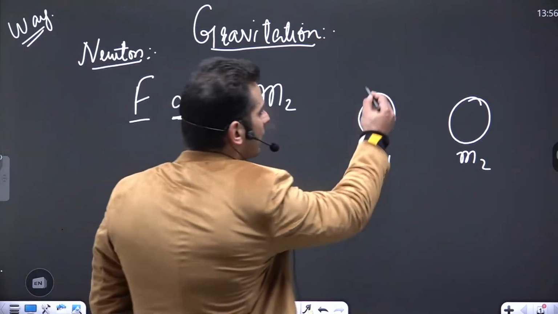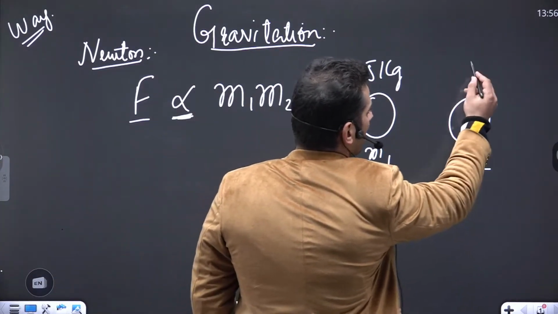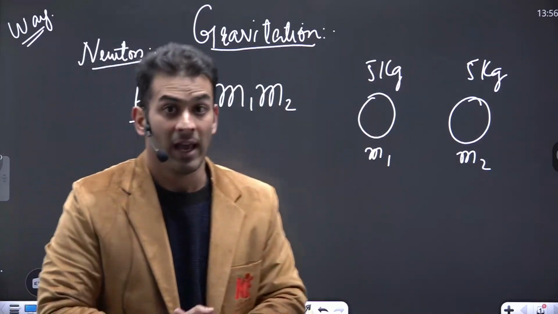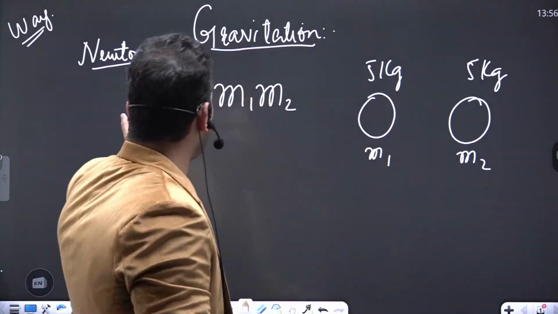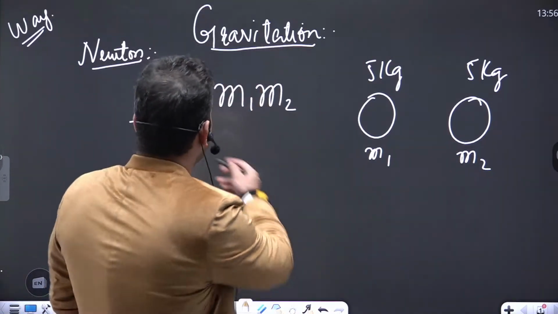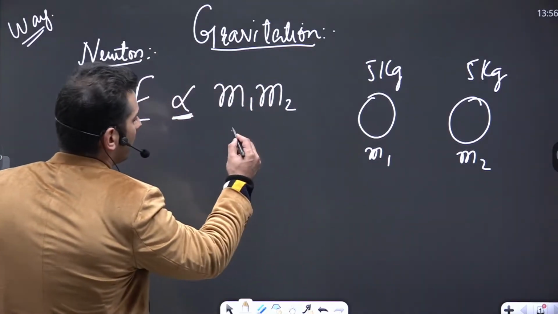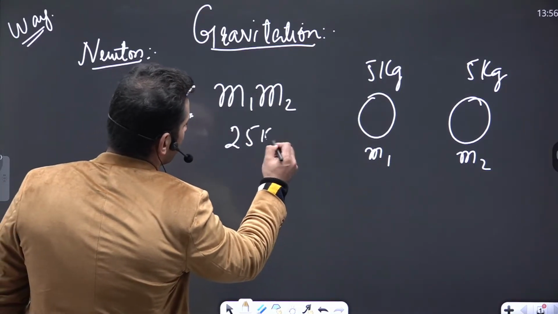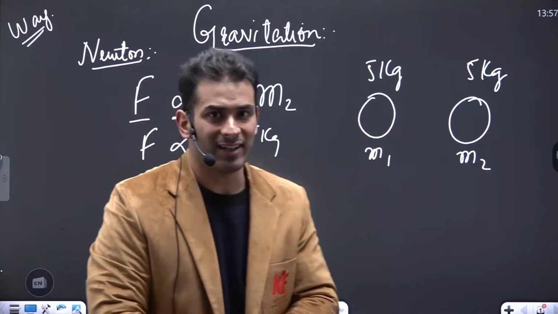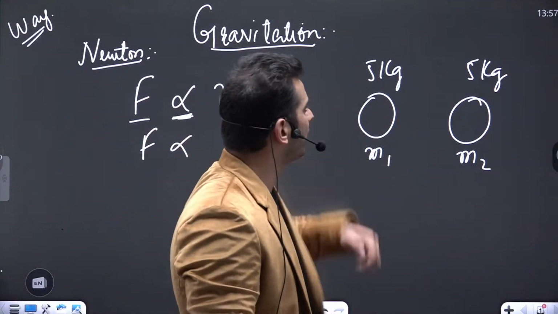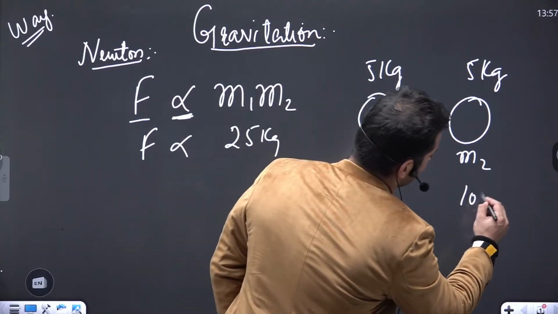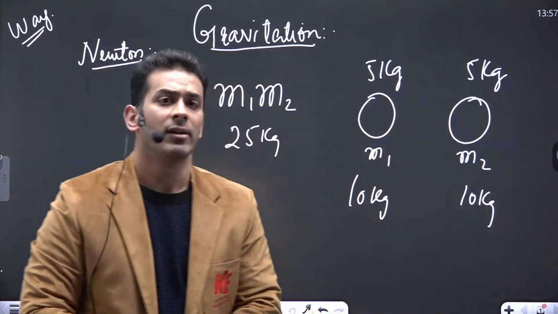If there are two objects having masses 5 kgs and 5 kgs, the force will have some magnitude equal to the product of the masses. It is directly proportional. 5 into 5 will be 25. Now if the mass is increased, not 5 kgs but 10 kgs both, right, beta?